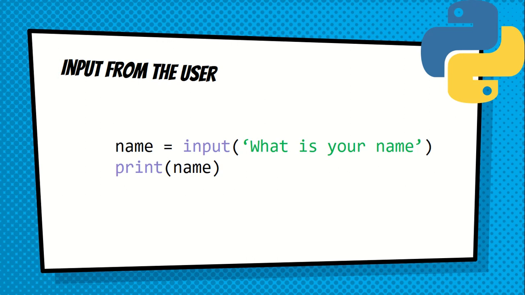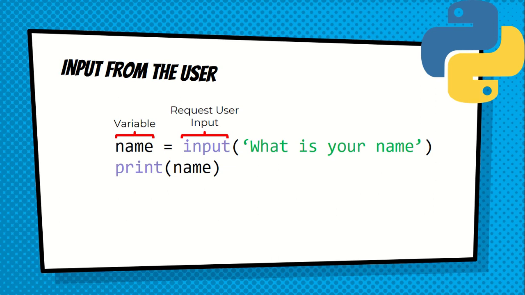And then we're just going to display the value of that name variable. So if the computer asks you that question and your name might be Francis, then the value of the name variable is going to be Francis, if that's what you put in, and the program is then going to print out Francis, because that's the current value of your name variable. So we've got name as our variable.